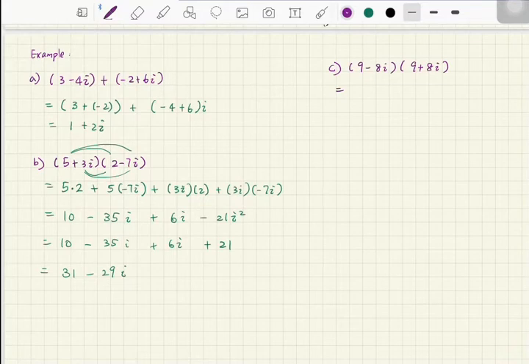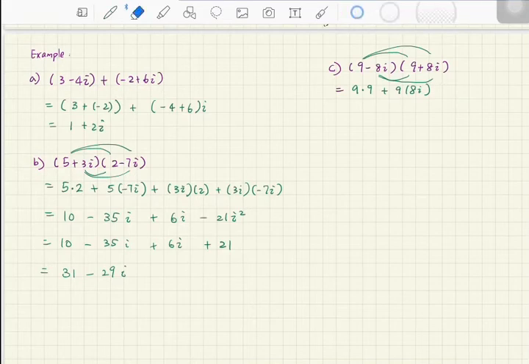I'm going to do the long way using the FOIL method. So I'm going to do 9 times 9, and 9 times 8i, and negative 8i times 9, and negative 8i times 8i.